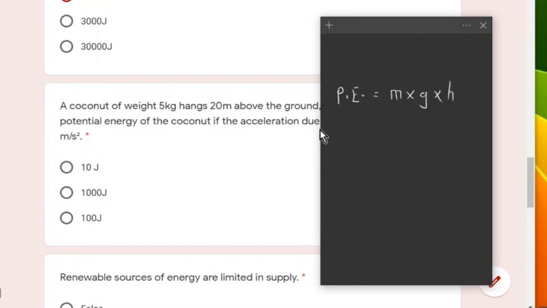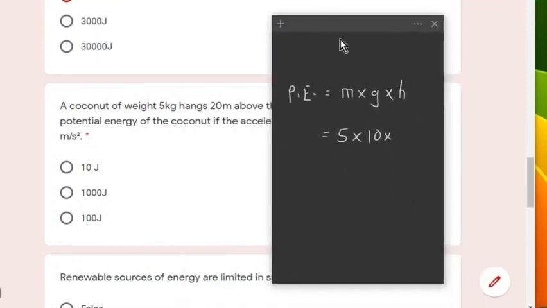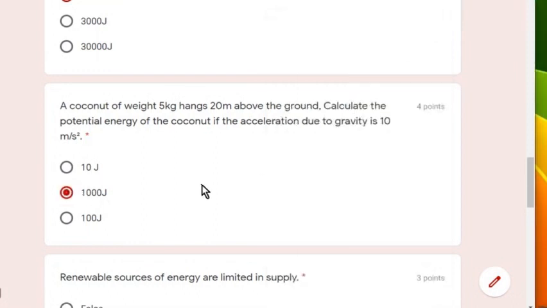The mass is already in kilograms, so I'll just write it. The acceleration due to gravity is given as 10, and the height is already in meters, so that will be 20. I just calculated 20 times 10, that will be 200, times 5, and that will be 1000. So the correct answer is 1000 joules.